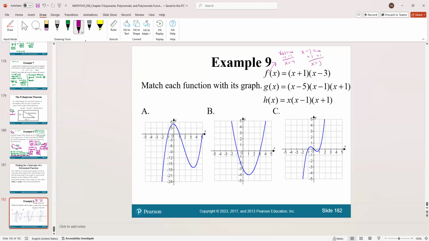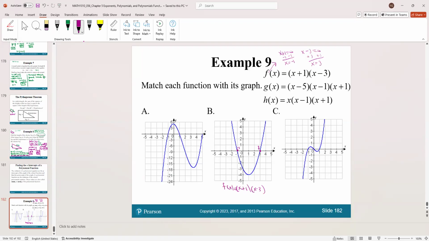So where does the graph intersect the x-axis at -1 and 3? Yes, that's -1 here and 3 here. So for B, f of x equals x plus 1 times x minus 3, because our goal is really to match each of them to the equation.